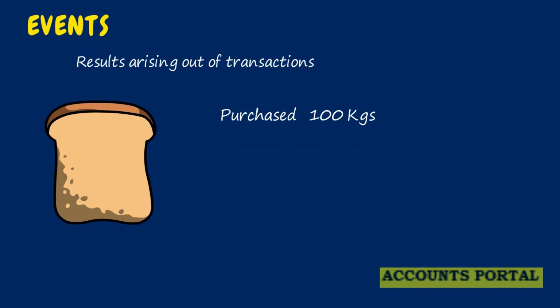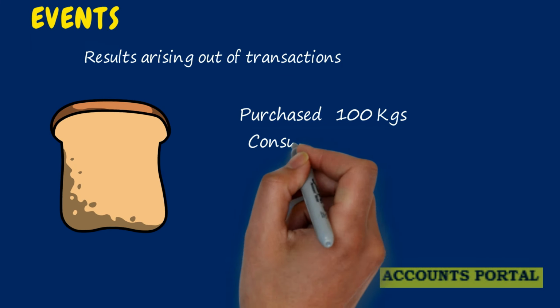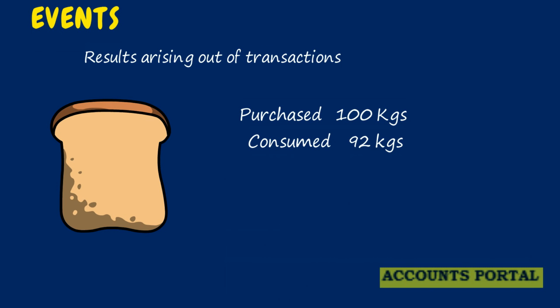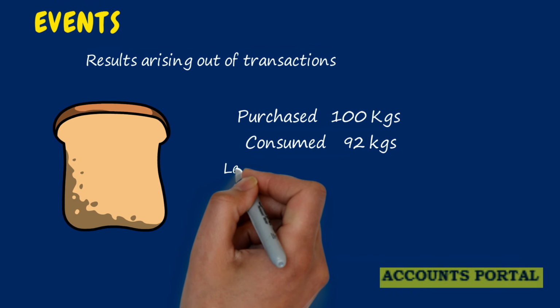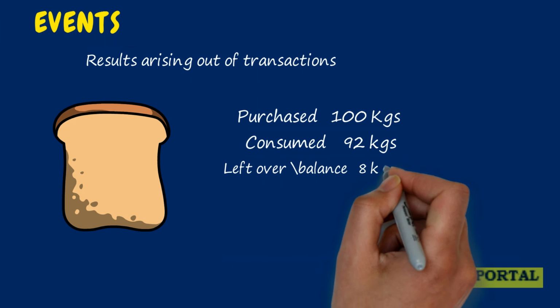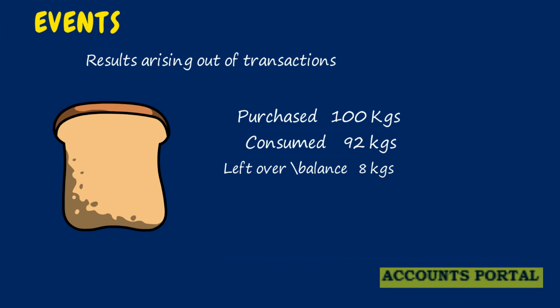You consumed 92 kgs of rice. Only 8 kgs remained on 31st December. At the year end, only 8 kgs left over, or the balance was 8 kgs. The balance 8 kgs is the event.